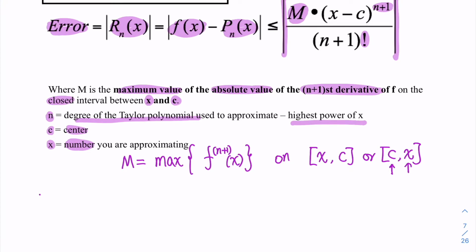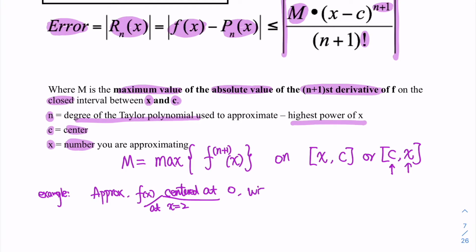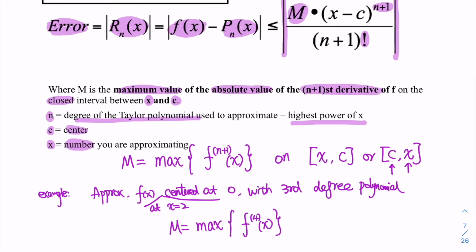For example, if we approximate f of x centered at 0, approximate f(x) at x equals 2, centered at 0 with a third degree polynomial, then our maximum value M will be the maximum value of the next derivative, which is the fourth derivative of f(x), on the interval.